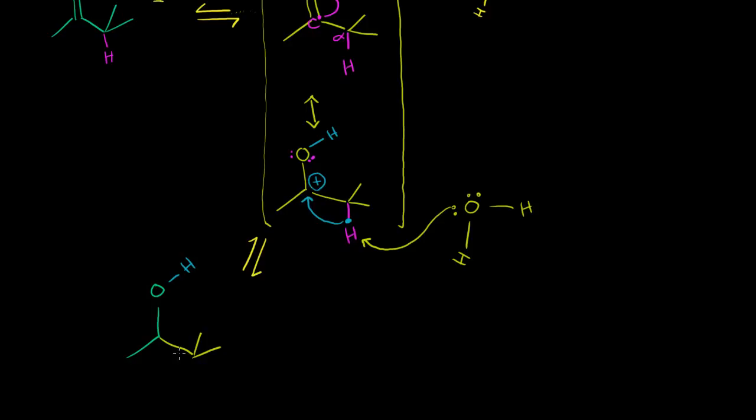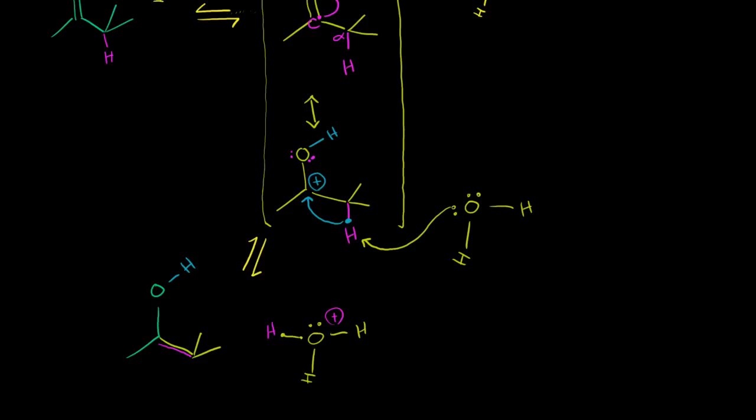So now we have this double bond right over here. That hydrogen has been taken by the water. And now that is hydronium. So let me draw the hydronium. That water had that one lone pair, and then the other lone pair got broken up because it gave one of the electrons to this hydrogen right over here, and it went back to being hydronium.